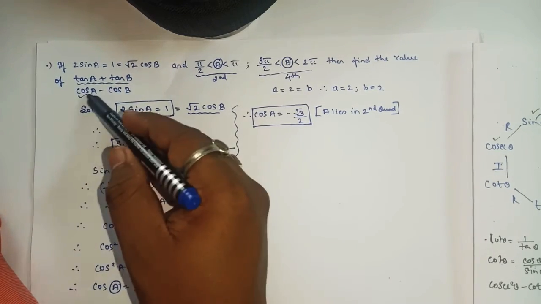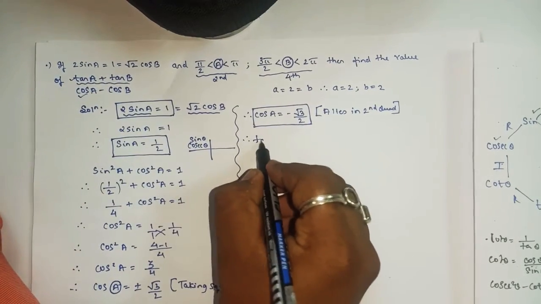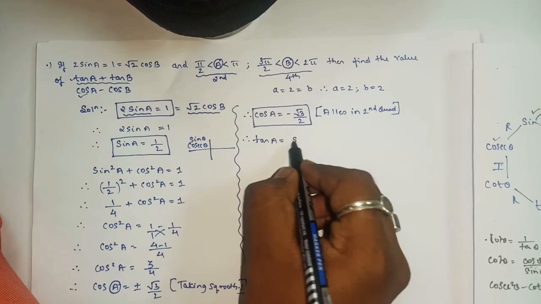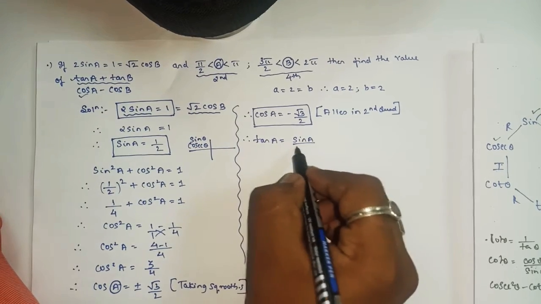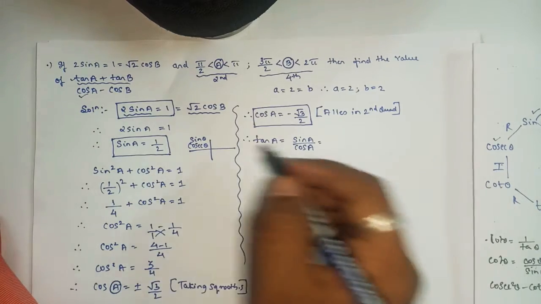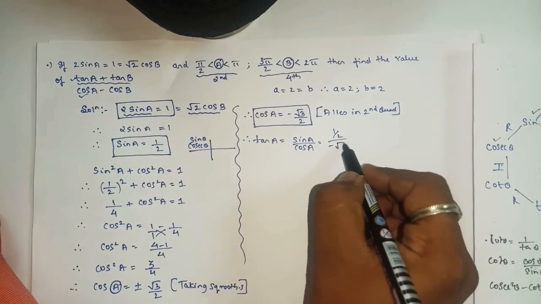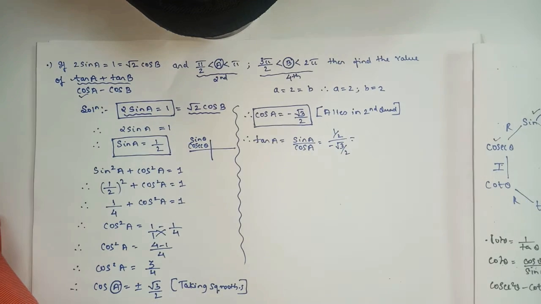So with the help of sine and cos, can I say we'll get tan also? Because we know that tan A is equal to what? Sine A upon cos A. So therefore sine A is what? Sine A is 1 by 2 and cos A is what? Minus root 3 upon 2, yes or no? Okay.